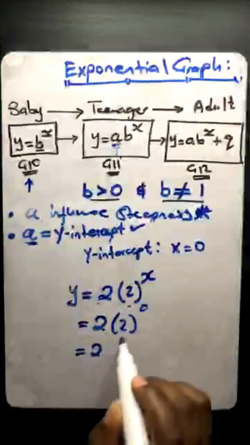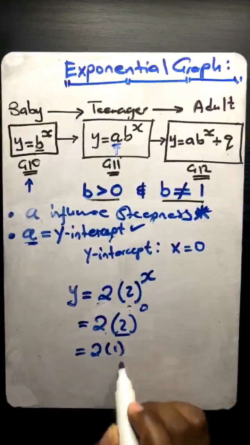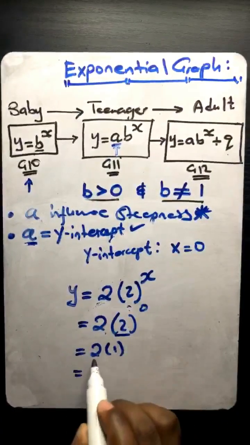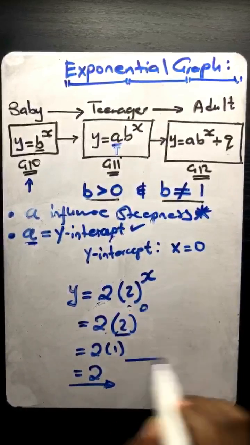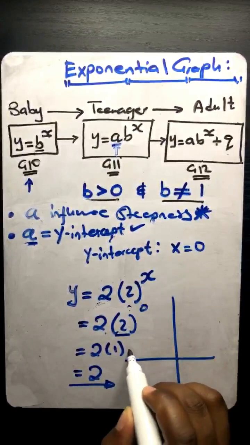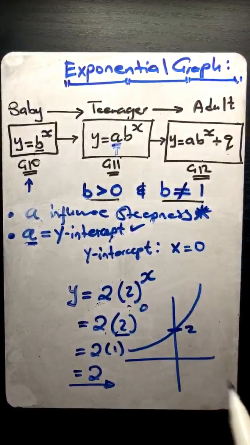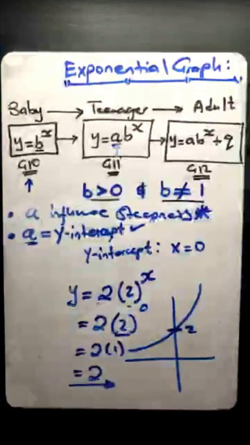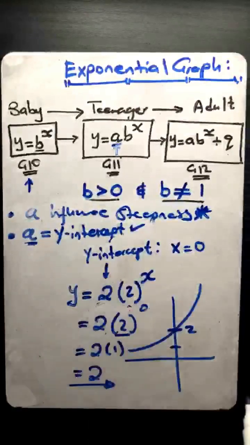What is this thing to the exponent 0? It's 1. So it's 2 times 1, which equals 2. That means your function is going to cut at that point being 2. That's what I meant when I said this A value is actually your y-intercept.